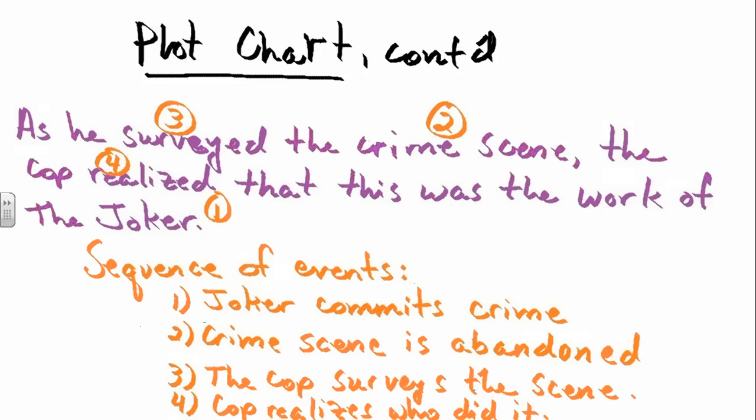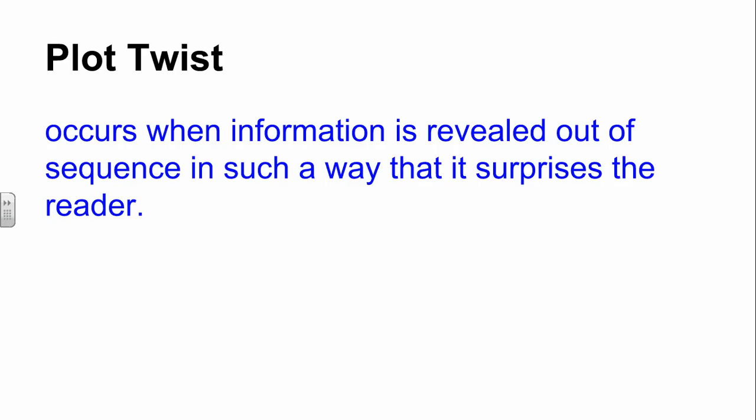Notice that the Joker commits the crime. That's what happened first. Then the crime scene is abandoned. Then the cop comes on the scene and surveys or sees everything. And after he sees everything, he realizes that it was the Joker who did it. So the events and the way that they occur are different from the way that the events are shared when we're telling about it after the fact.